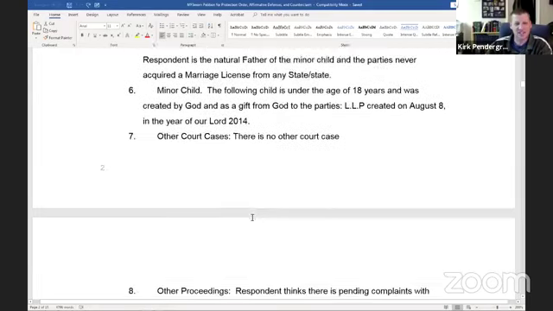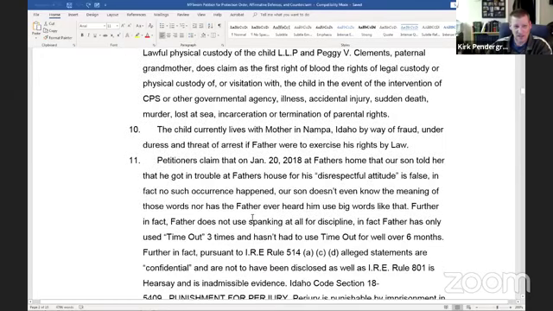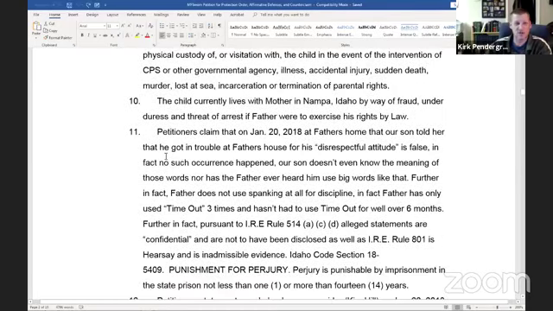But we get down into, right here, start with the first one, basically, of her claims. And this is how you do this. The petitioner claimed that on such and such date, at my home, our son told her he got into trouble for his disrespectful attitude is false.